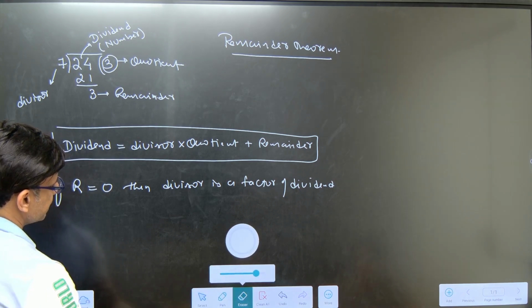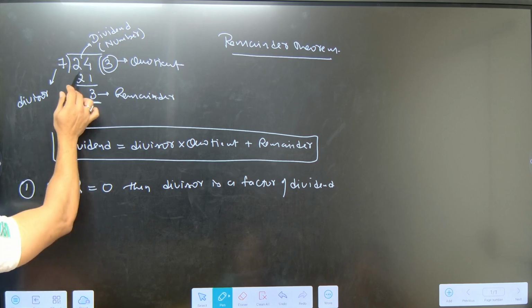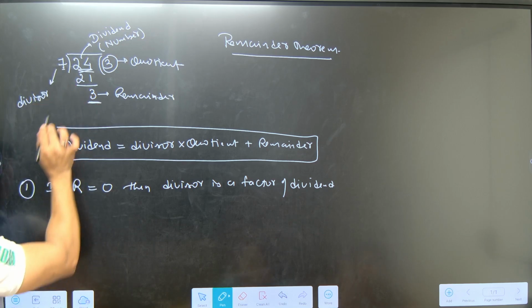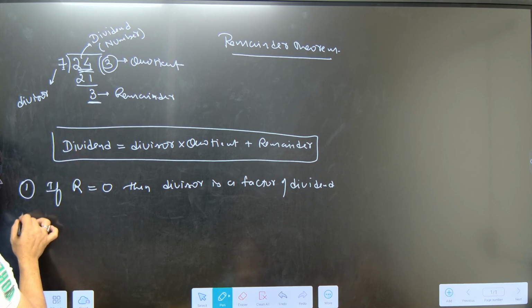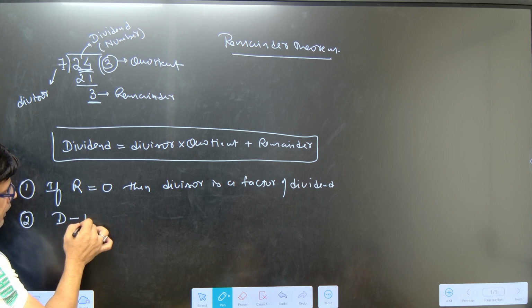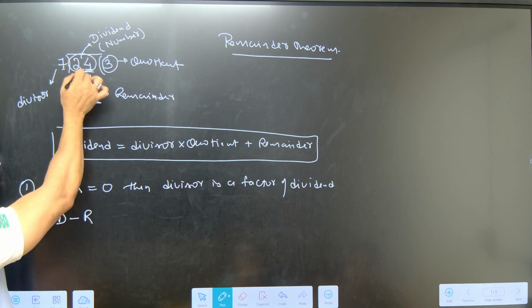Second is, at this point of time, is this 24 divisible by 7? No. To make this number completely divisible by 7, we are supposed to subtract remainder from dividend. What is the dividend? 24.